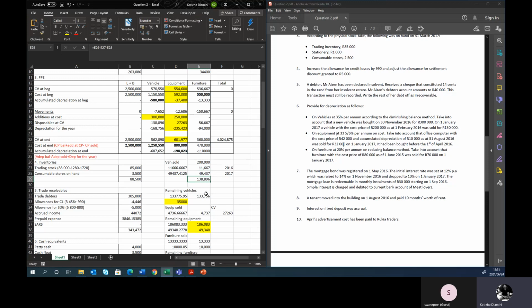So together my depreciation for this vehicle is 138,000 Rand. This one is for 2016, right? So the end of 31st of March, it would already be in the balance up there. And then this one is the one for this year.